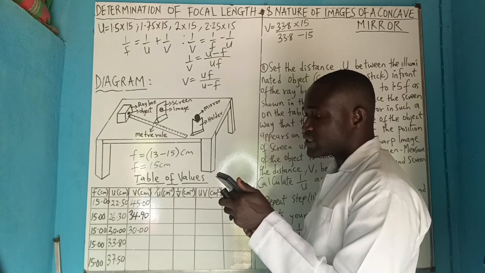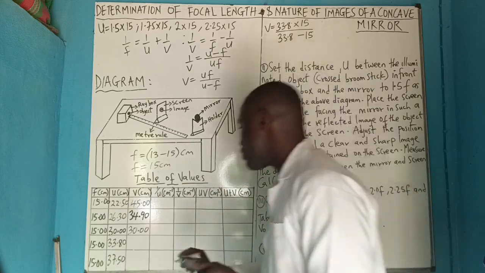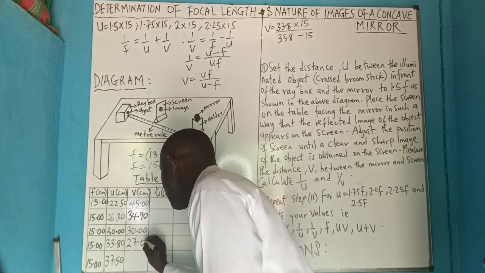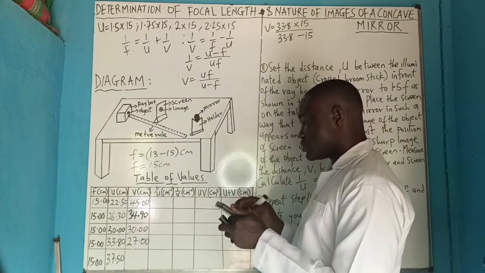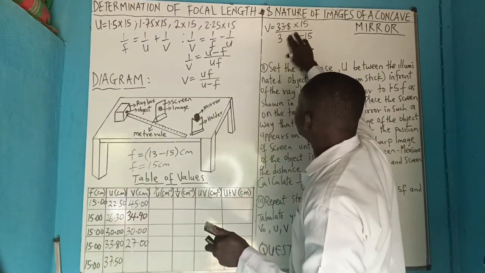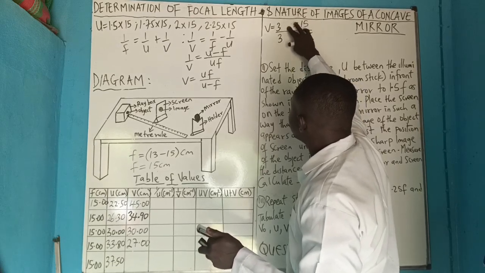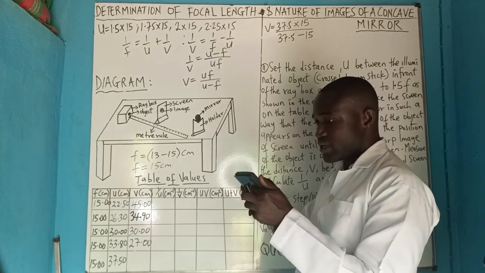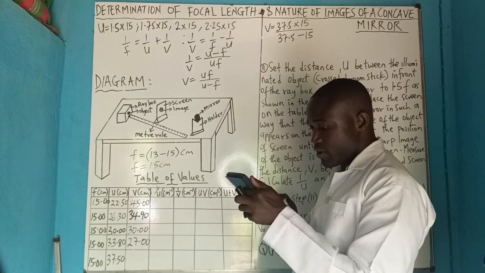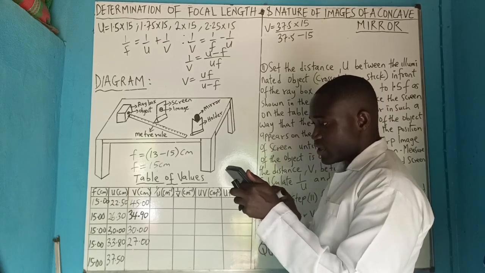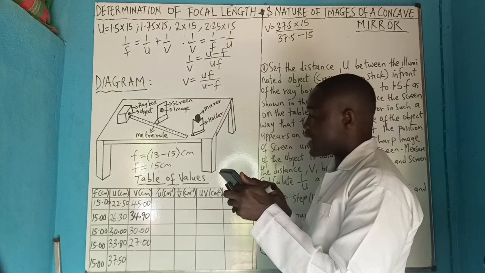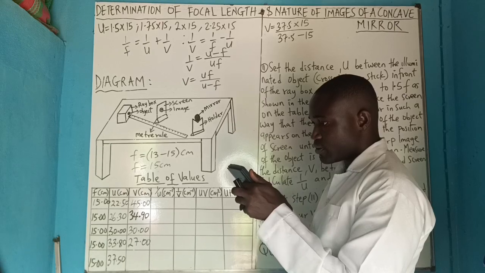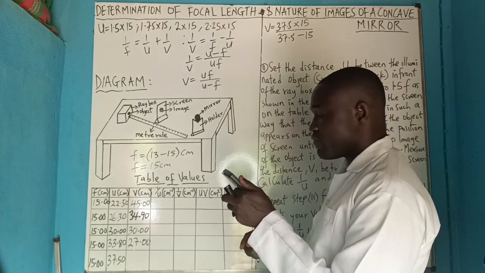We'll be having 27.0. Then we'll do the last one, 37.5. We say bracket 37.5 times 15 divided by bracket 37.5 minus 15. That will be giving us 25.